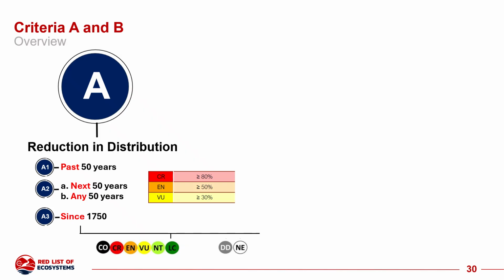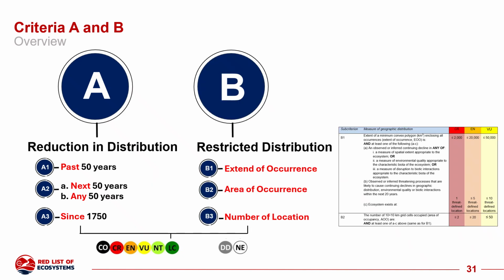Before we get into the nitty-gritty of each criterion, it is important to note that each criterion can be assessed in various ways, known as sub-criteria. Criterion A, which looks at the change in ecosystem distribution, can be assessed across these different timeframes, while the other ecosystem distribution criterion, B, can be assessed in 3 ways.